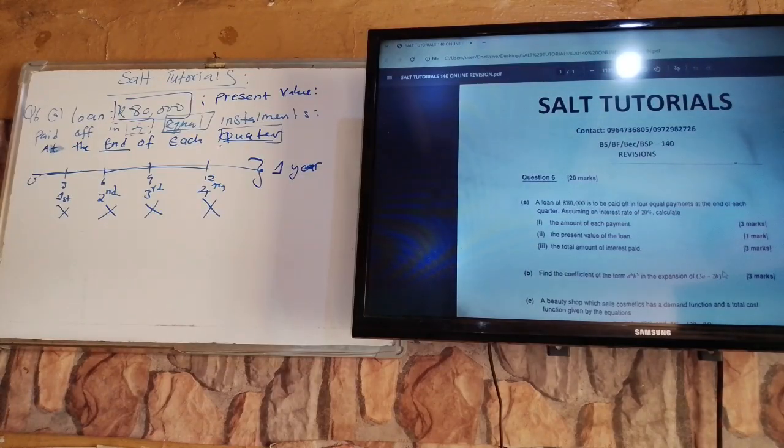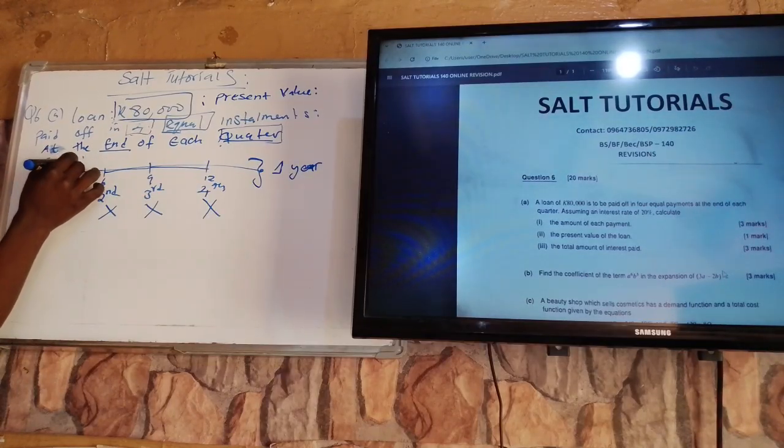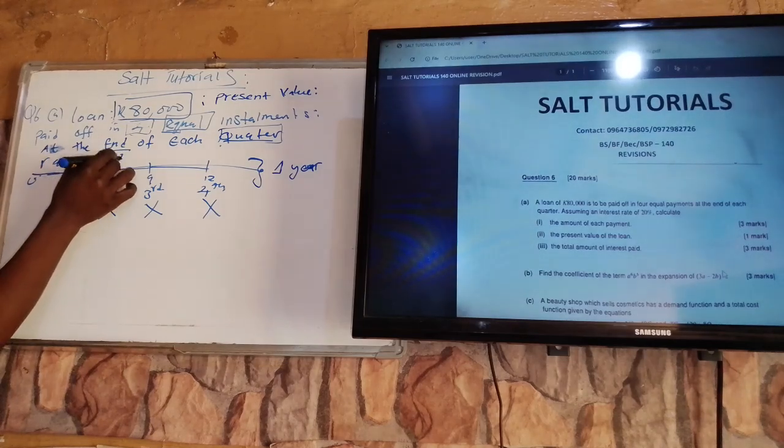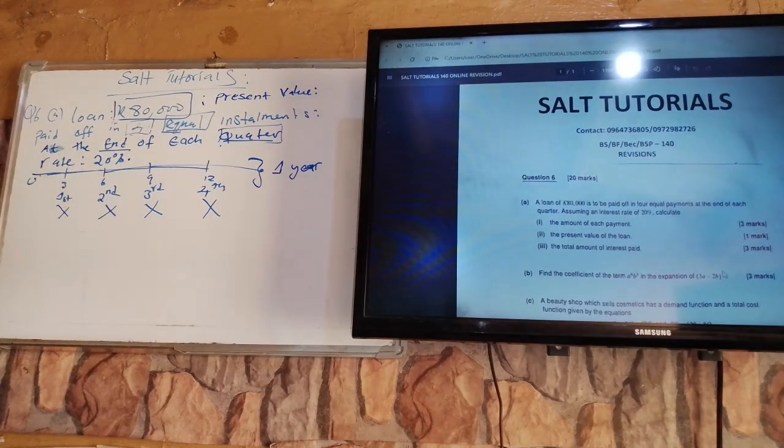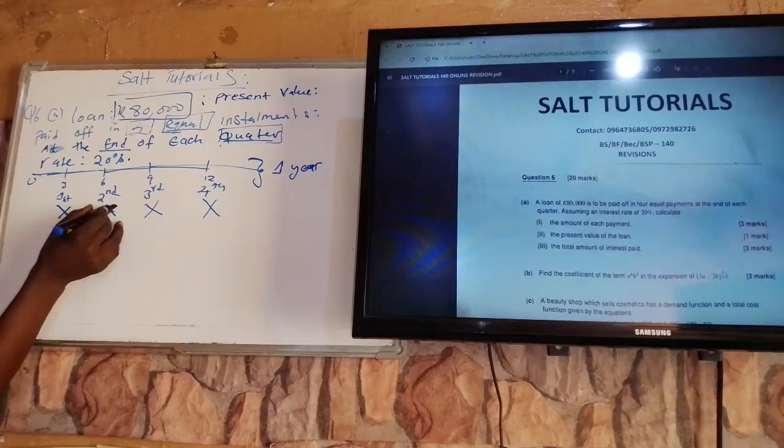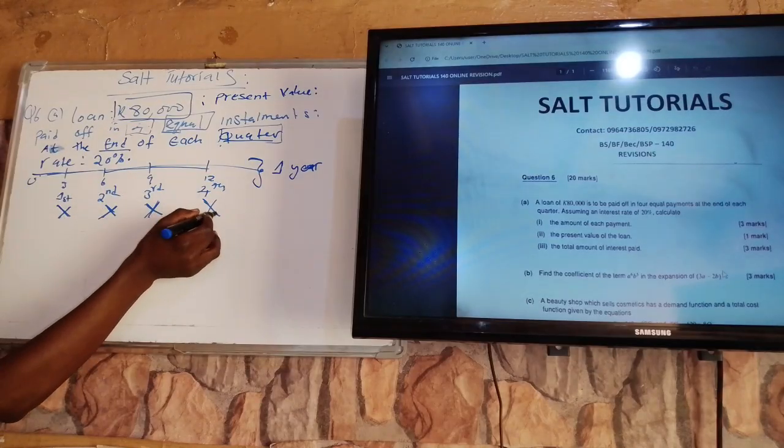Now, the question says that if it is assumed that the interest is 20%, calculate the amount for each payment. So we have an interest rate of 20%. Calculate each payment, this payment, this payment, this payment, and that payment.